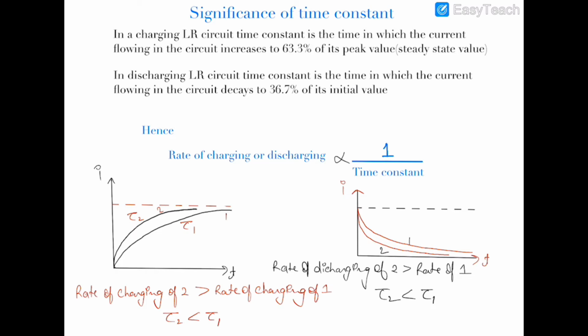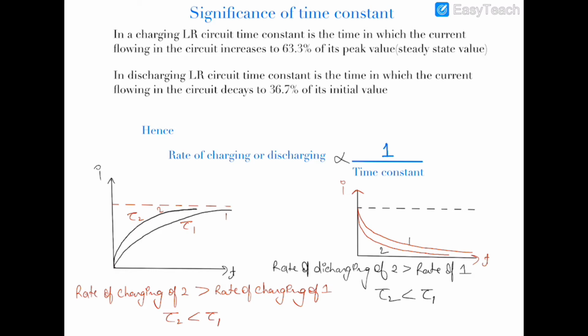So we can say that the rate of charging in an LR charging circuit and the rate of discharging in an LR discharging circuit is inversely proportional to the time constant. The greater the time constant, the slower the rate of charging or discharging in an LR circuit.